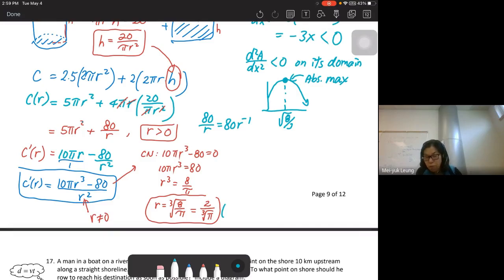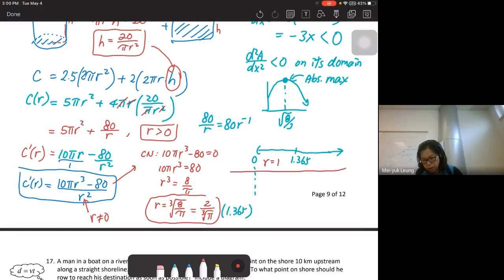This number is approximately equal to 1.365. So when I do the sign chart with 0 and 1.365, I can use the test points r equals 1 and r equals 2. I'm just checking the sign, so just quickly calculate it.